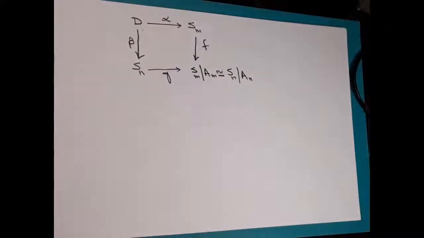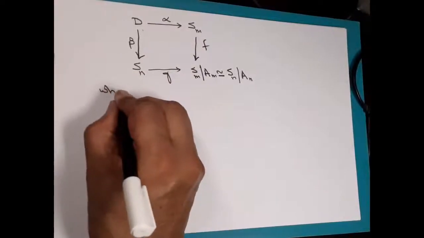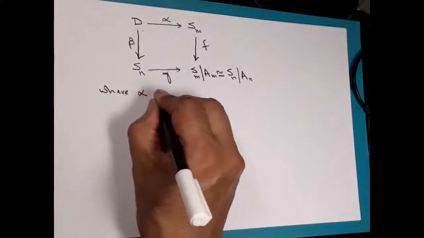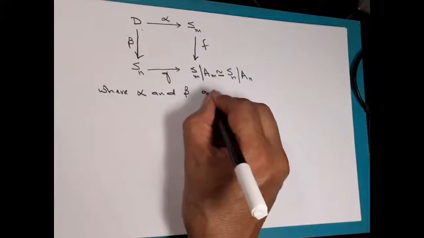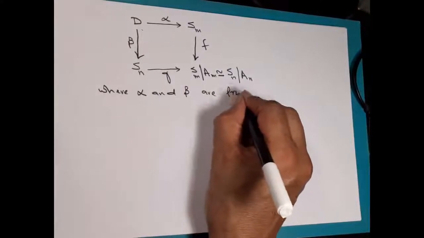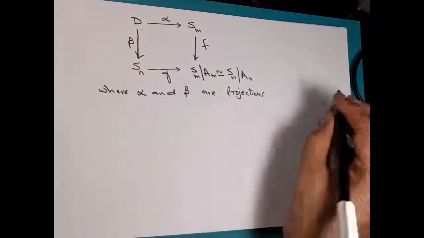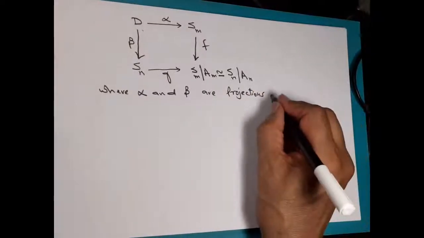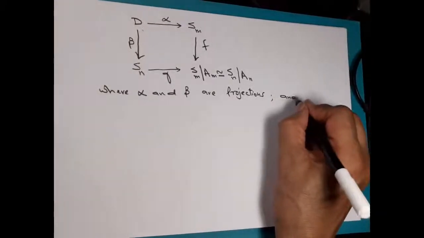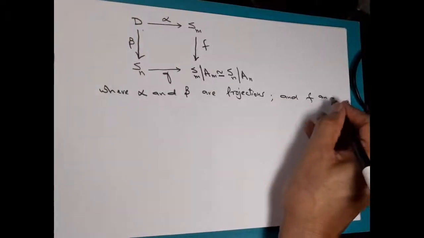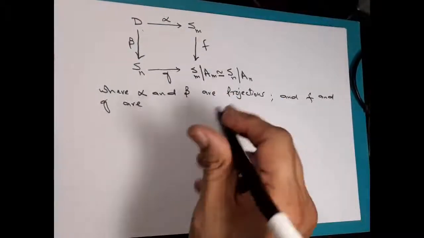So in this diagram, alpha and beta, as I have already told you, are projections, and F and G are canonical maps.